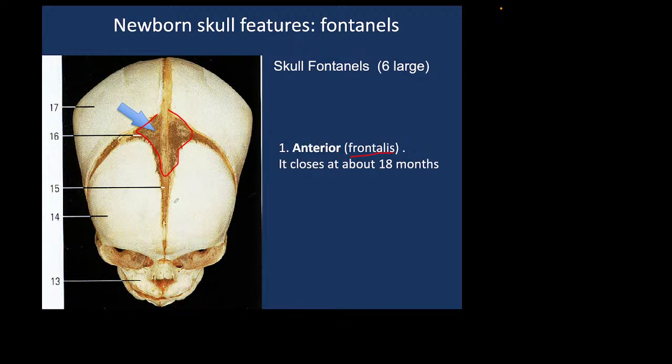During embryogenesis, the frontal bone consists of two parts, right and left, and between the two frontal and two parietal bones the biggest fontanel is located.